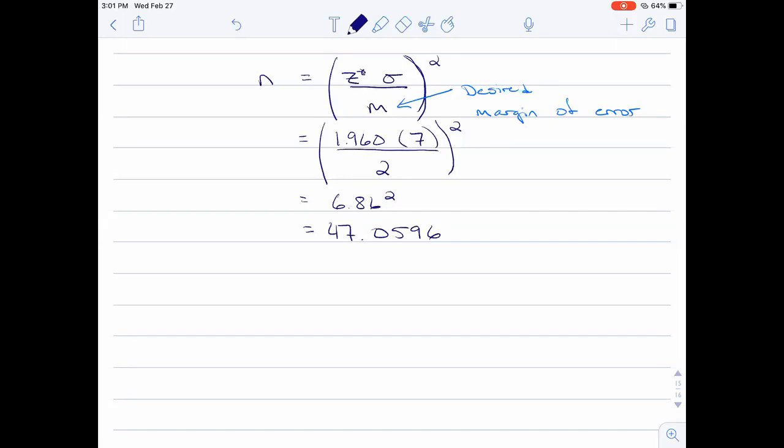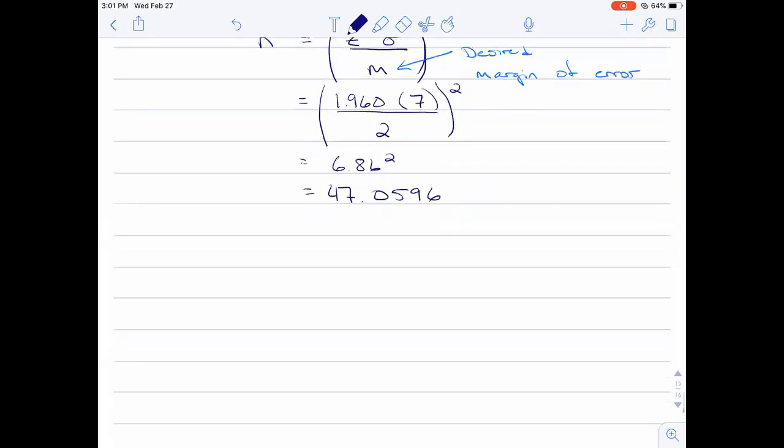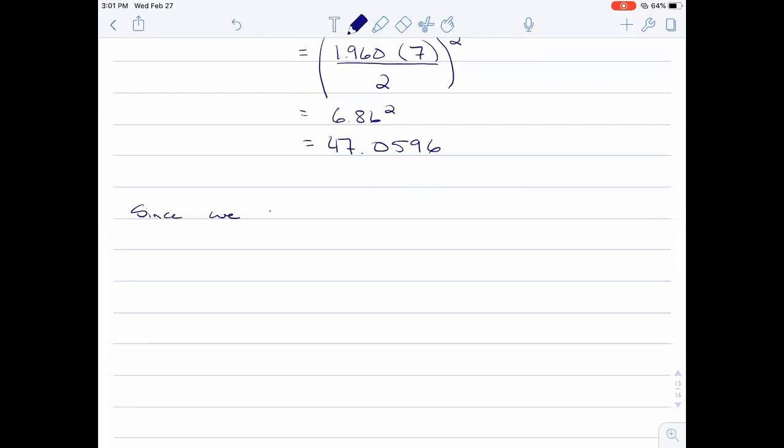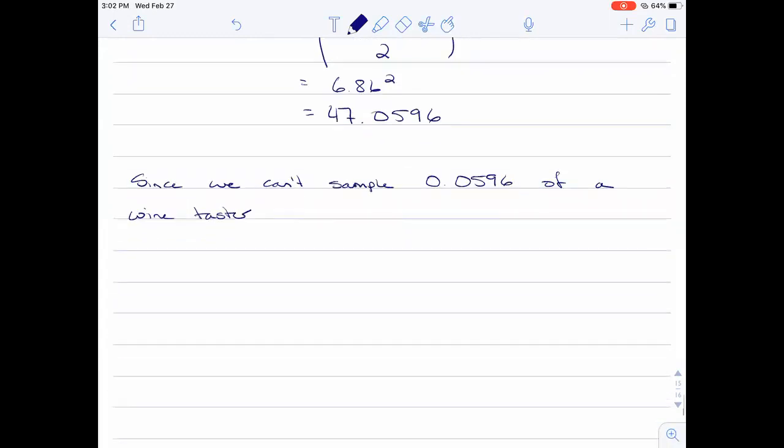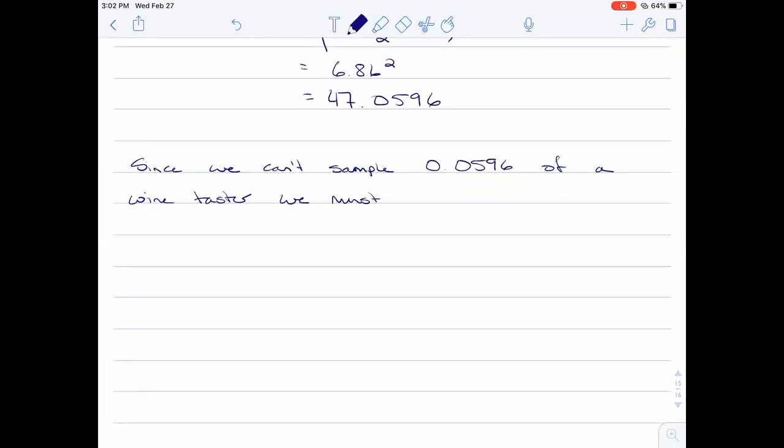Right? And so since we can't sample 0.0596 of a wine taster, we must round up to the nearest whole value.